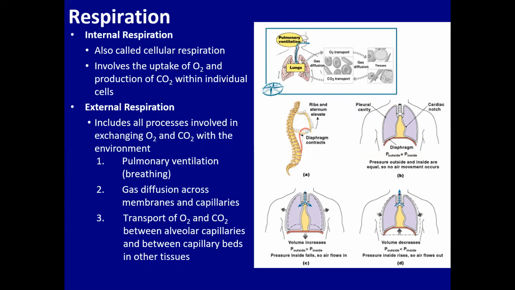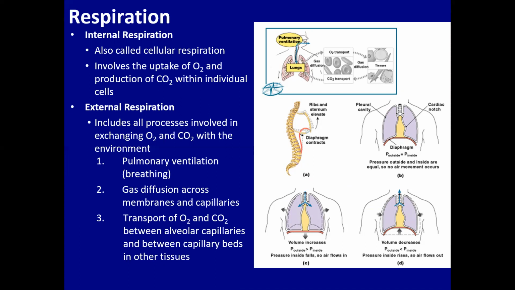That's not what we're talking about here. What we're talking about is external respiration. So that's everything that's involved with making sure that you're exchanging O2 and CO2 with the environment. So it includes pulmonary ventilation, that's you actually breathing, the diffusion of the gas across the membranes and the capillaries, and then the transport of that O2 and CO2 between the alveolar capillaries and the capillary beds in your other tissues.